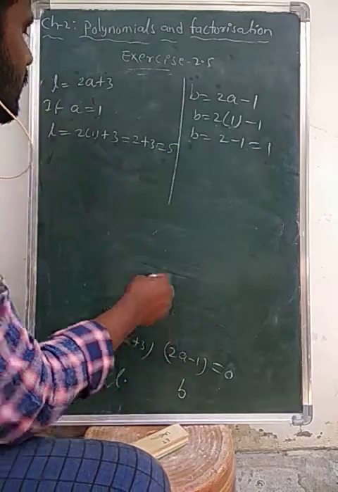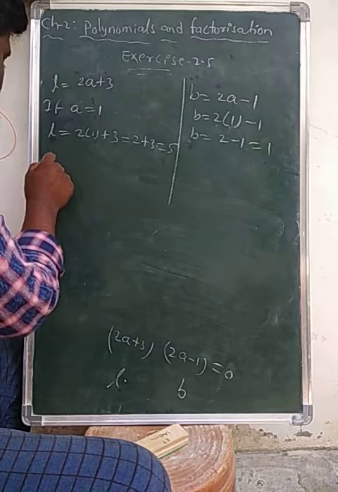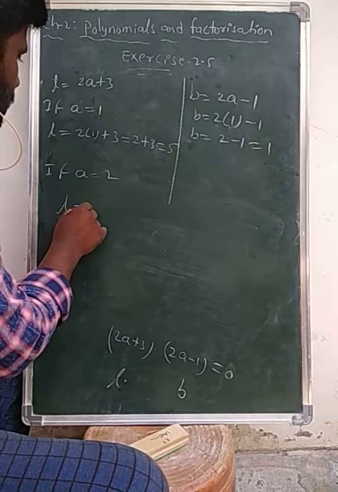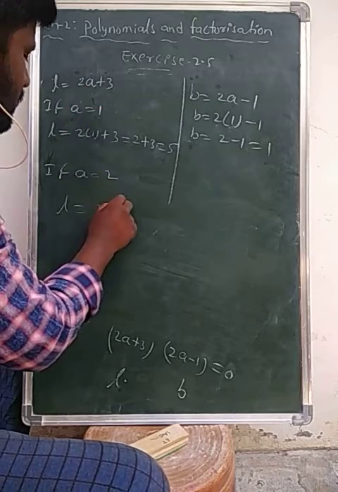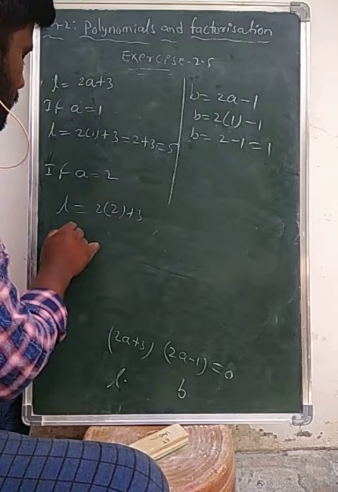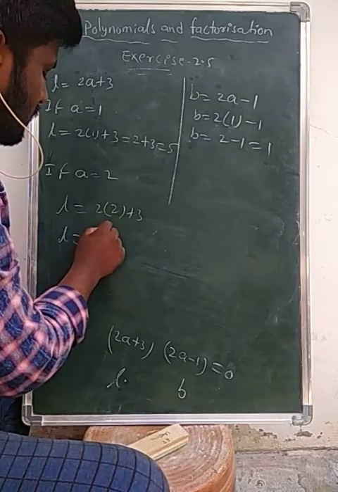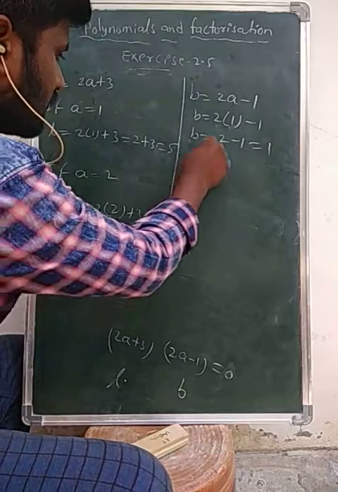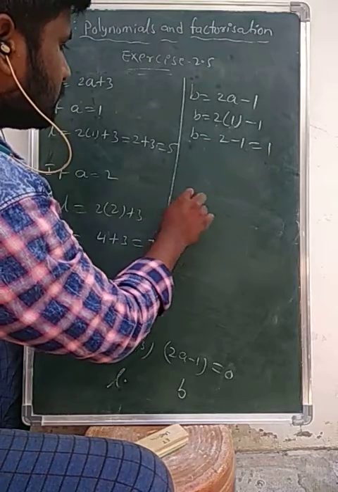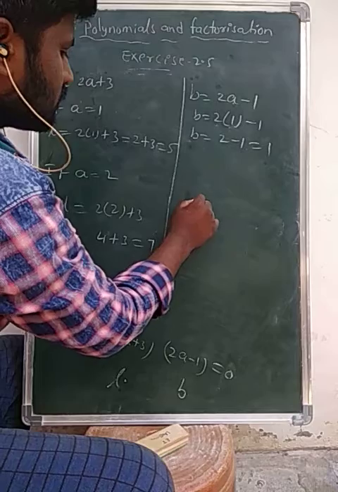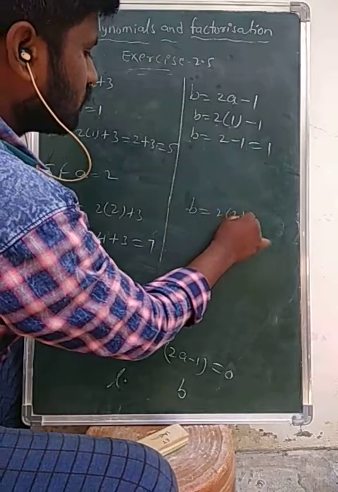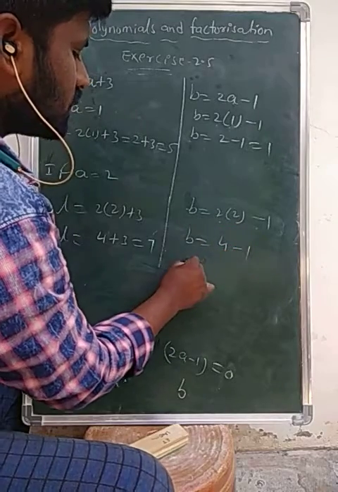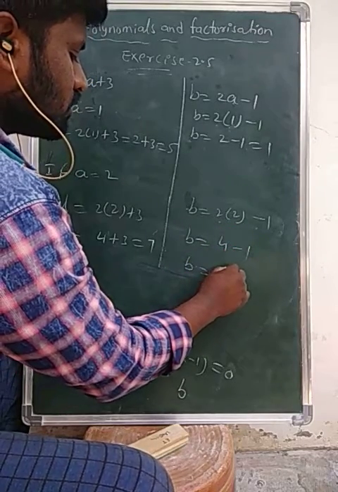Next, if I change it, a is equal to 2, then length is equal to 2 of 2 plus 3, 2 2s are 4 plus 3, that is 7. Breadth is equal to 2 of 2 minus 1, 2 2s are 4 minus 1, that is 3.